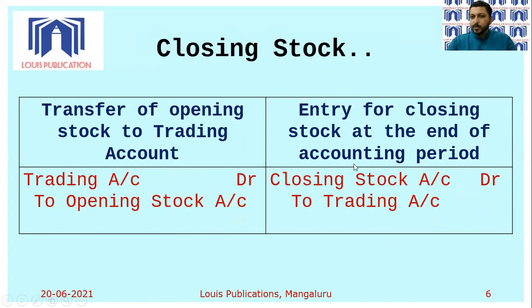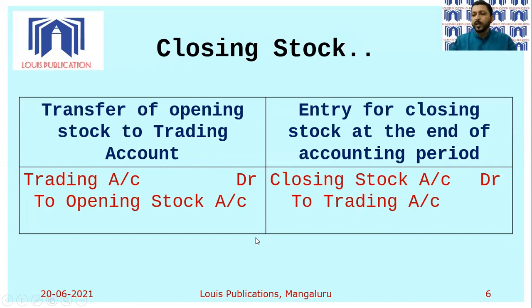Whereas this entry that you see on the right is an adjustment entry. And that adjusting entry is journal entry for closing stock at the end of the accounting period. And that entry is closing stock account debited to trading account. So this is basically the adjusting entry for closing stock. So stock is an asset. So closing stock account debited to trading account. So stock account is debited.